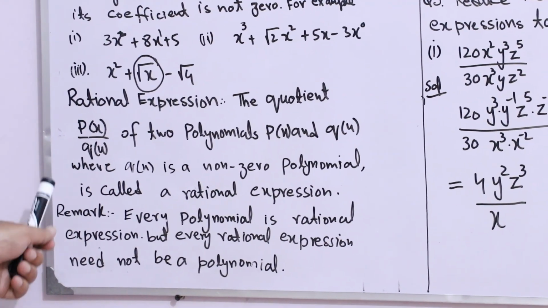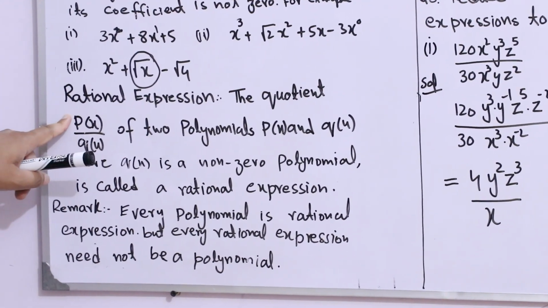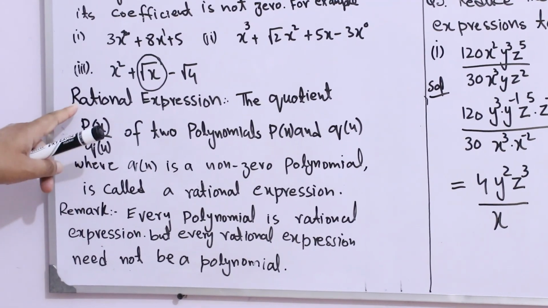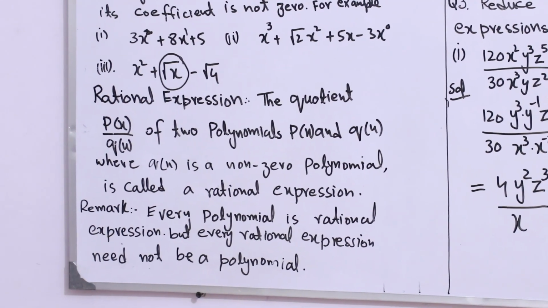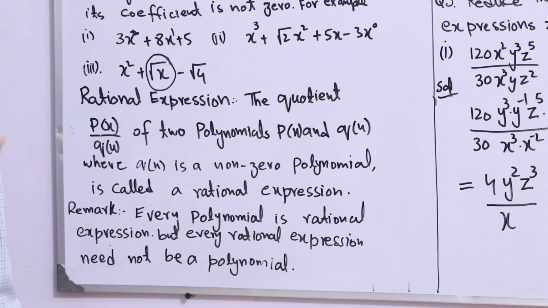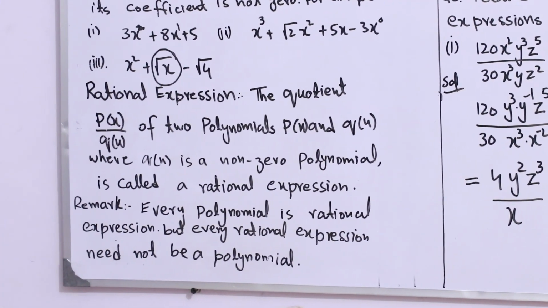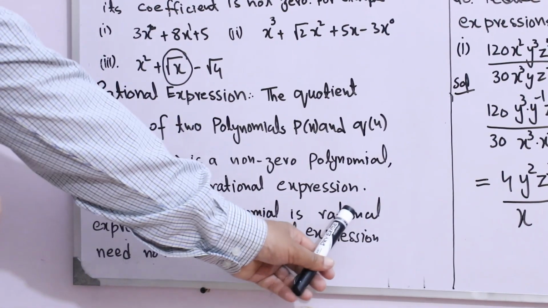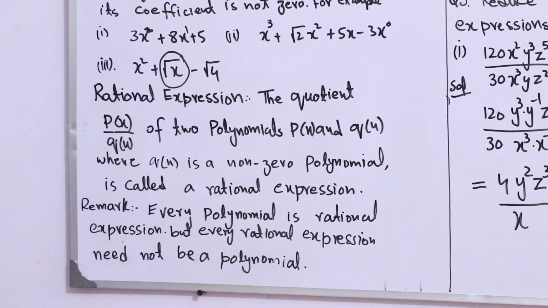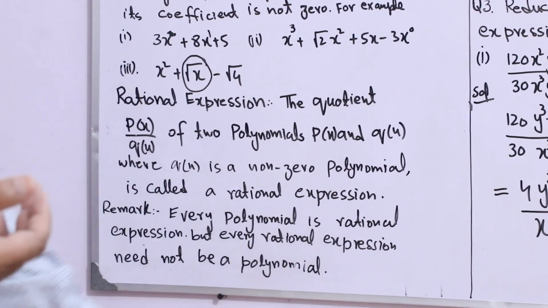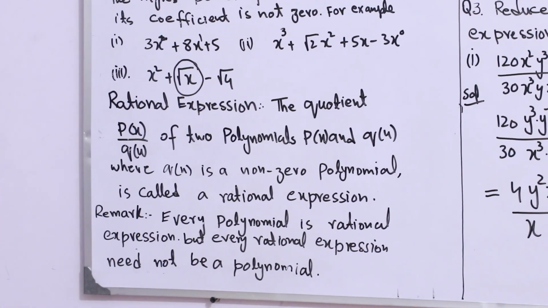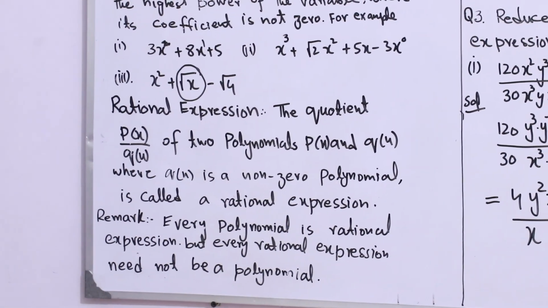If the numerator is a polynomial and the denominator is a polynomial, then we say that this is a rational expression. And you have to remember that every polynomial is a rational expression, but every rational expression need not be a polynomial.